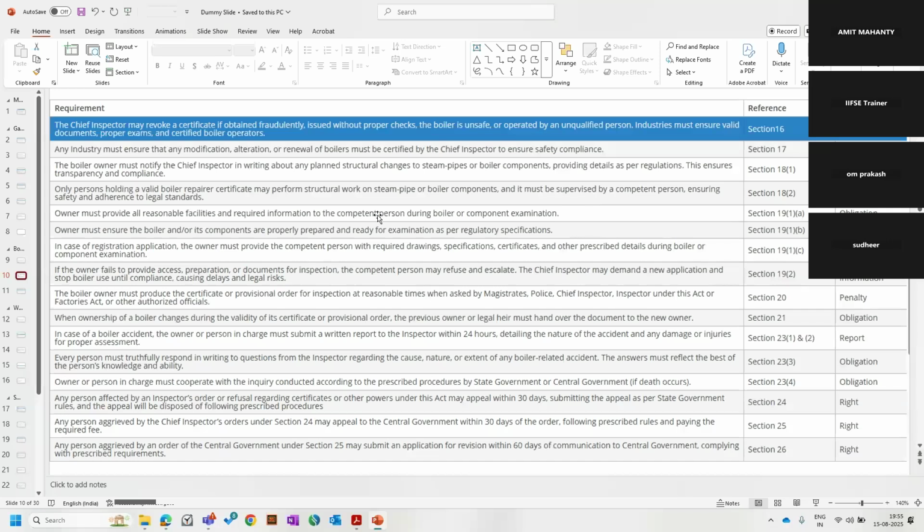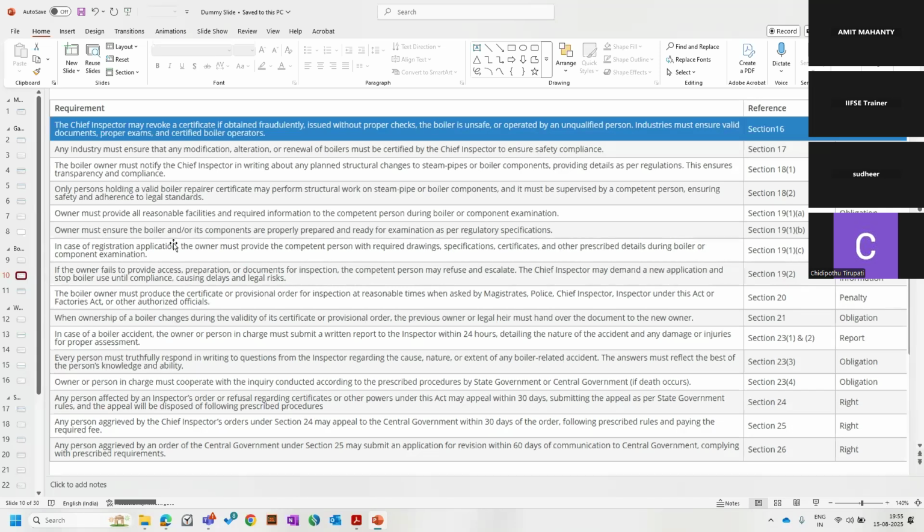So this is 18.2, this we have covered. The owner must provide all reasonable facilities and also required information to the competent person during the boiler examination. It is nothing but they have to provide the proper information and facilities during the examination of the boiler.